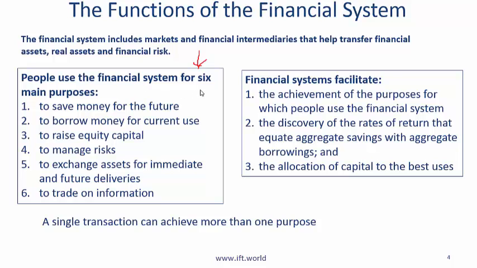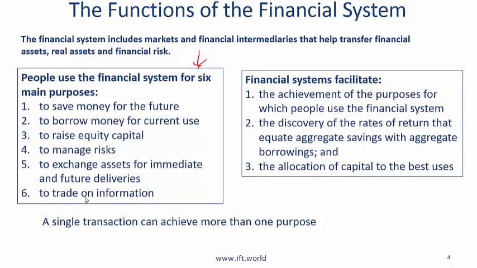People use the financial system for 6 main purposes: to save money for the future, to borrow money for current use, to raise capital, this is especially in the context of companies, to manage risk, and we learn how derivatives are used to do this, to exchange assets for immediate and future deliveries, and to trade on information.